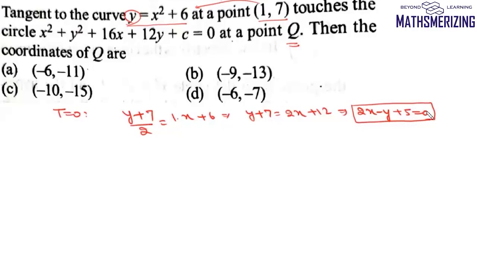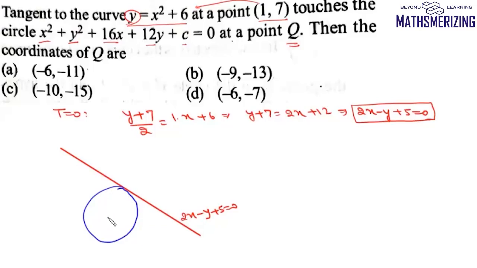So that is the equation of tangent to this parabola at the point (1, 7). Now this tangent also touches the circle x squared plus y squared plus 16x plus 12y plus c equals 0 at a point Q. Then we need to find the coordinates of this point Q. So we have this line whose equation is 2x minus y plus 5 equals 0, and this line touches this given circle whose center is at (minus 8, minus 6).